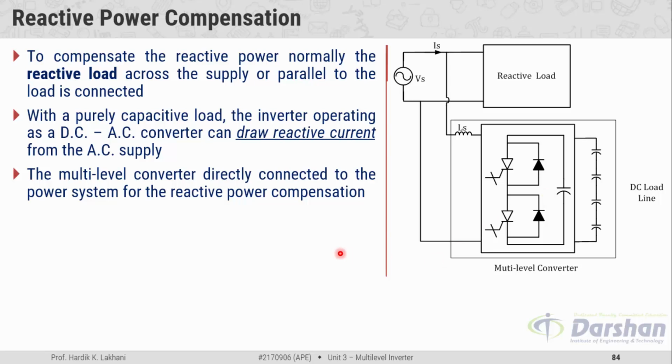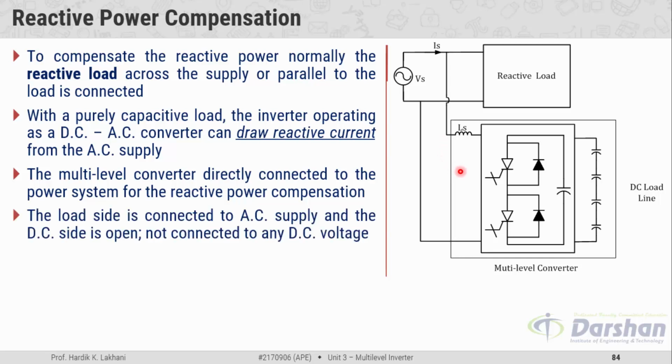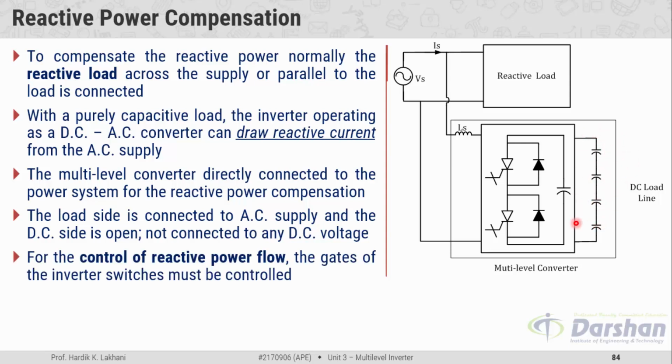The multi-level converter is directly connected to the power system for the reactive power compensation. The load side is connected to the AC supply and the DC side is open, which is not connected to any DC voltage. For the control of reactive power flow, the gates of inverter switches must be controlled.